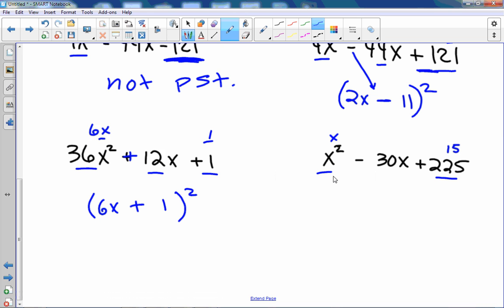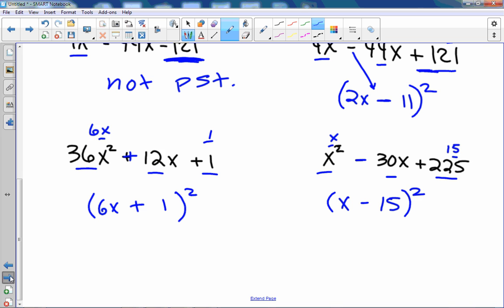We're going to multiply those two square roots, x times 15, and double it, and it should give me the middle one. x times 15 would be 15x, and 15x doubled is 30x. So that's okay. It doesn't matter that the first sign is negative. So my factors are going to be the x and the 15, quantity squared, and the first minus sign is just going to be in my factors there.